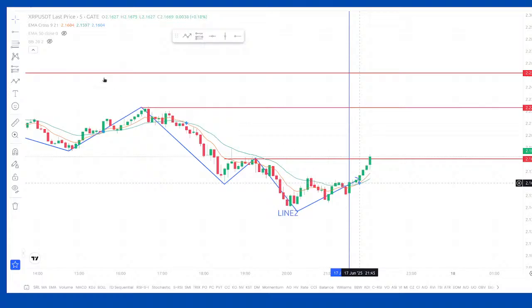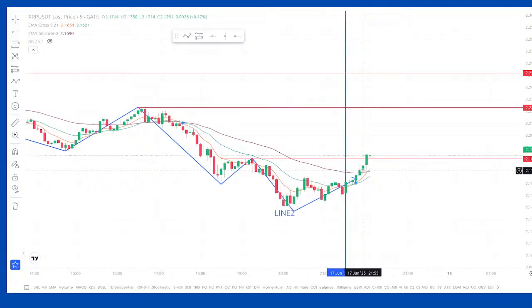So where do you consider entering? You switch on exponential moving average 50, and once you see 9 has crossed exponential moving average 21, and the price of that coin is above exponential moving average 50, it simply means it is a buy, and you are buying up to the previous resistance.